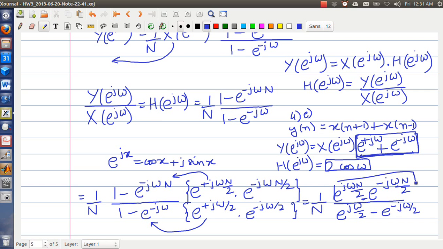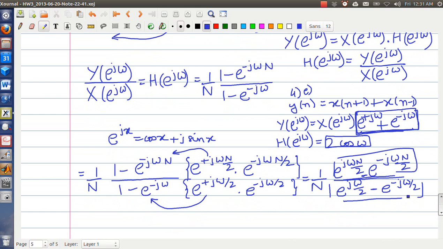You can see that these two form sinusoids, so 1 over n sine omega n over 2. The 2 j's would cancel out, over sine omega over 2.